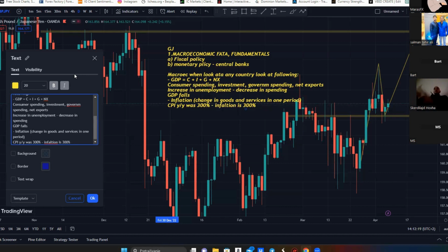That is what inflation is: the changes in prices of goods and services in one period. If you are a doctor, for example, and last year your price for an examination was $100, but this year it is $300, that is inflation. Usually countries like inflation to be around 1%, 2%.